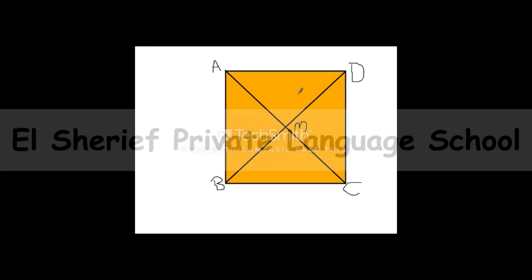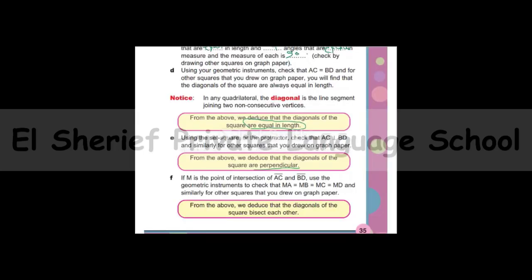Now each part in our diagonal is equal to the other part. So we can say that the two diagonals in a square bisect each other. And you have to remember again two diagonals in a square are equal in length, perpendicular, and bisect each other.